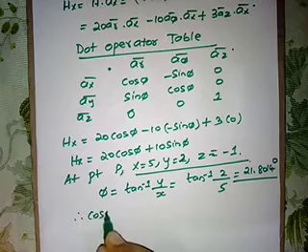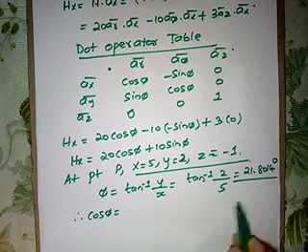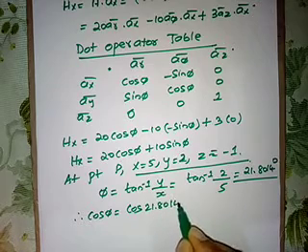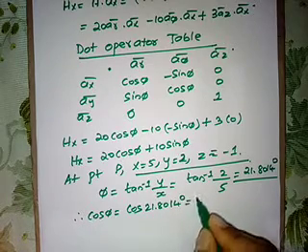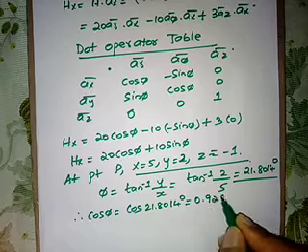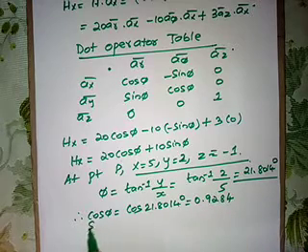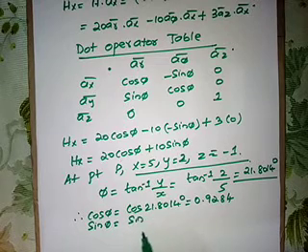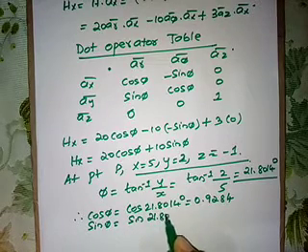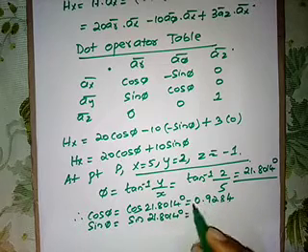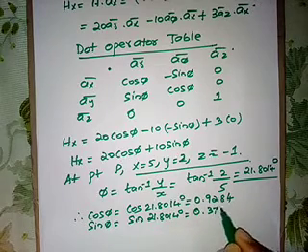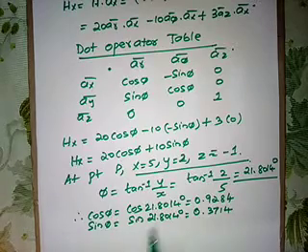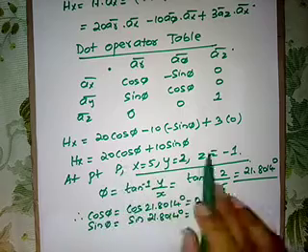Therefore cos of phi, that is cos of 21.8014 degrees, will be equal to 0.9284. Similarly sin phi will be equal to sine of 21.8014 degrees. This comes out to 0.3714. So substitute this cos phi and sin phi in hx in this equation.